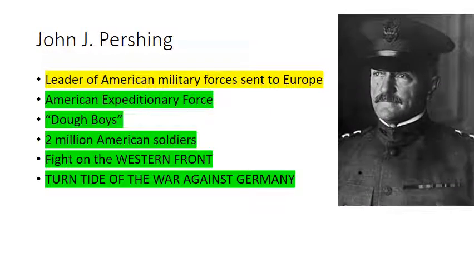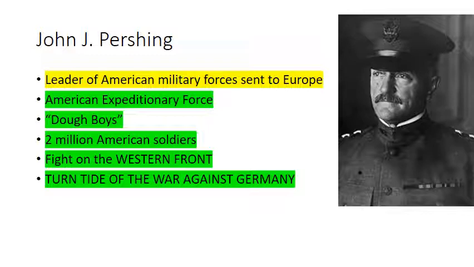Wilson gets General John J. Pershing to be the commander of the American military force that will be sent to Europe. The American Expeditionary Force, 2 million American soldiers, and they're going to fight on the Western Front. This is the trench system that ran between France and the Germans.